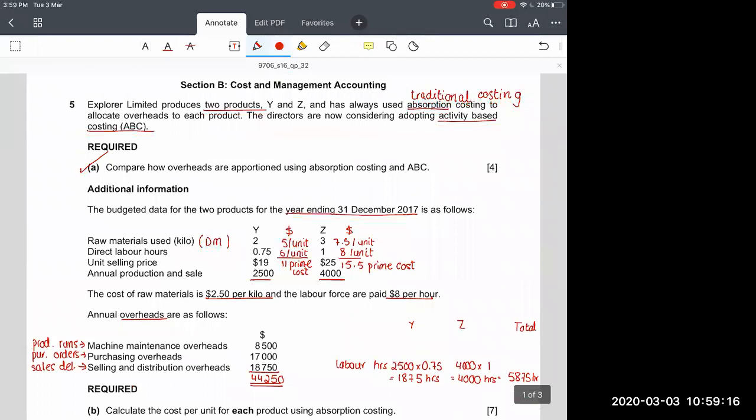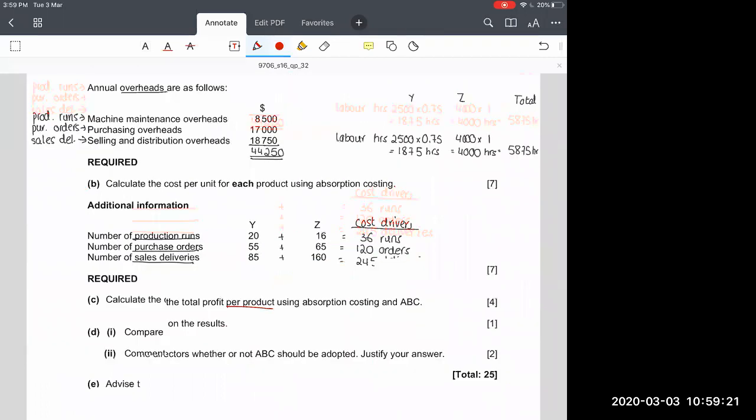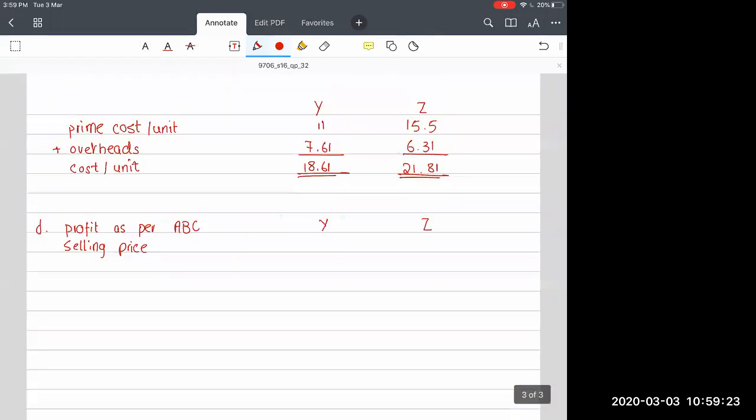So the selling price for product Y is 19 and for the other product is 25. Multiply by cost per unit minus cost per unit. So now what is cost per unit under ABC? It's 18.61, and for the other product, it's 21.81.